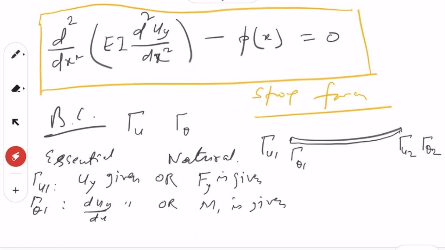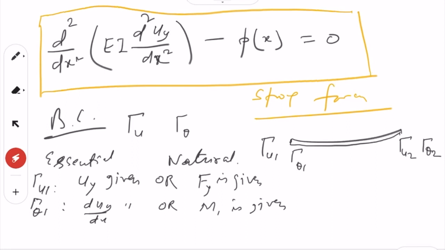This is how we have derived it, and the next thing will be to derive the weak form. So we can formally write which kinds of boundary condition are possible.